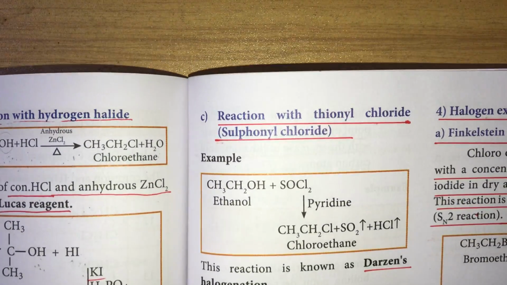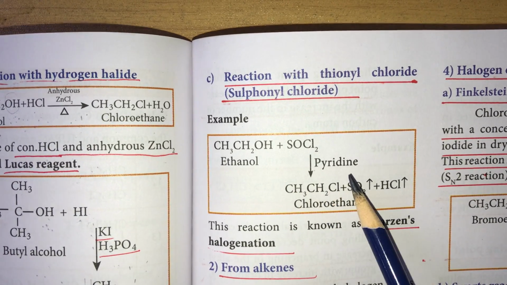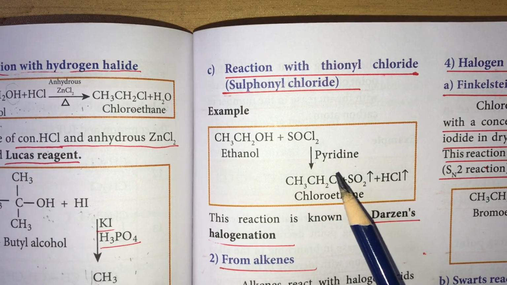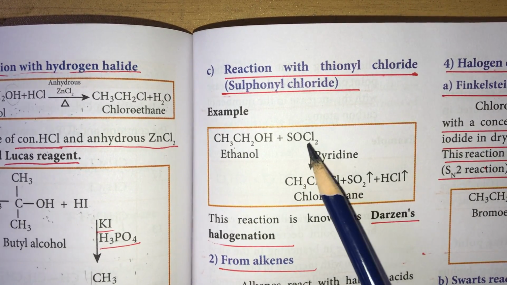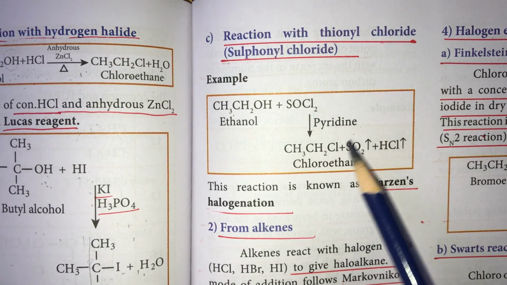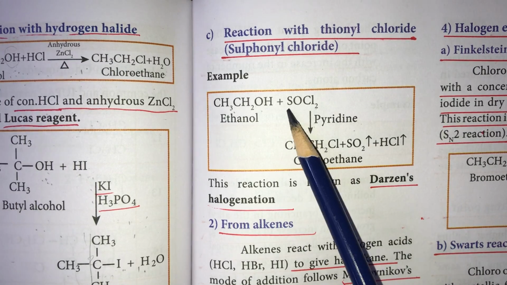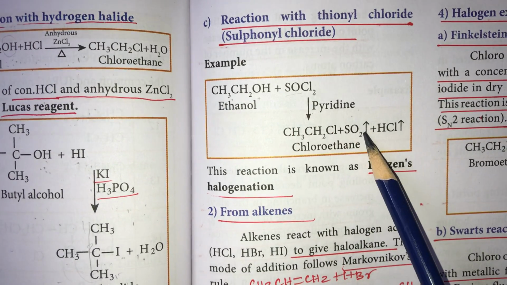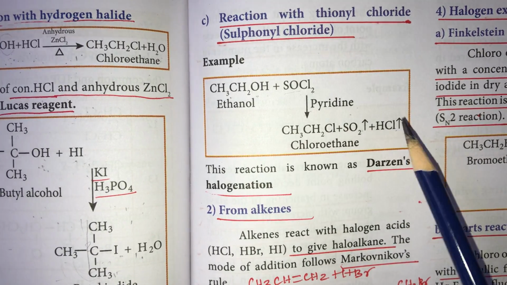Next is the reaction of alcohol with thionyl chloride, SOCl2, in the presence of pyridine. Here instead of OH, chlorine gets substituted; the SO and O react forming SO2, and hydrogen and another chlorine react to form HCl.